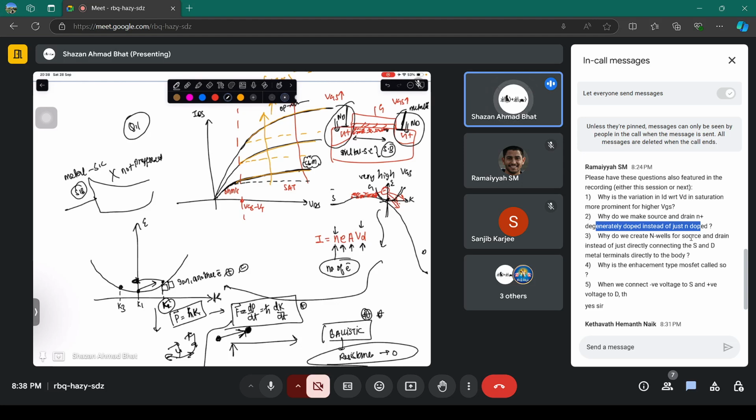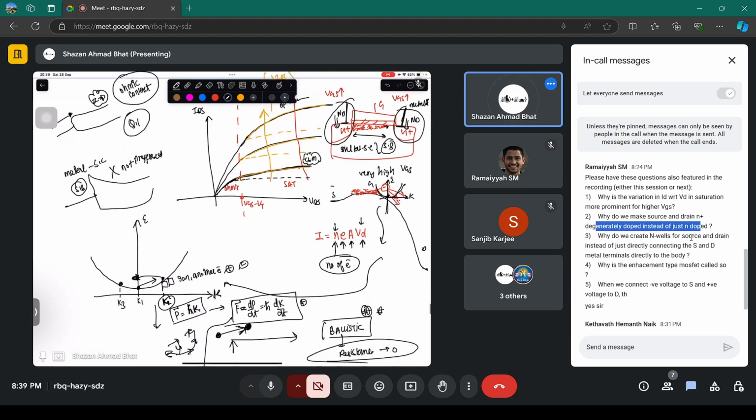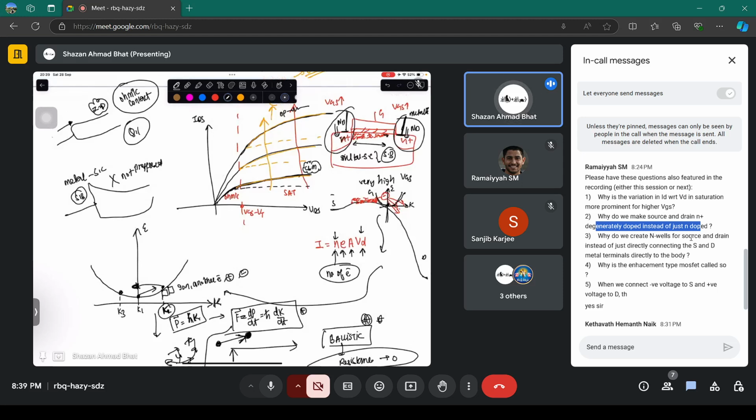We prefer the metal semiconductor contact to be ohmic, something like this, where the conduction takes place by thermionic emission, or the IV characteristics are almost linear in certain regions. That means it's an ohmic contact. You have studied that in metal semiconductor junctions. So that's why this particular region is highly doped.